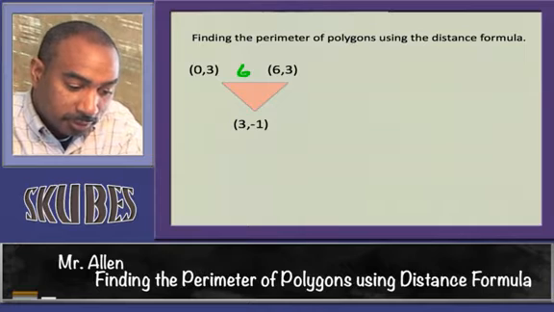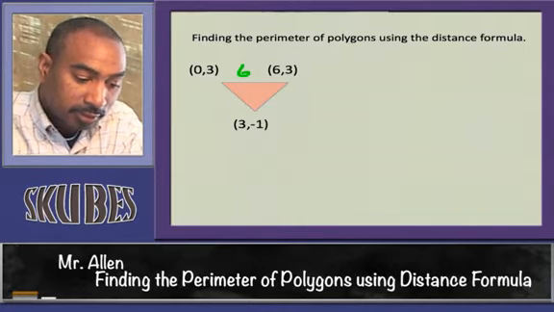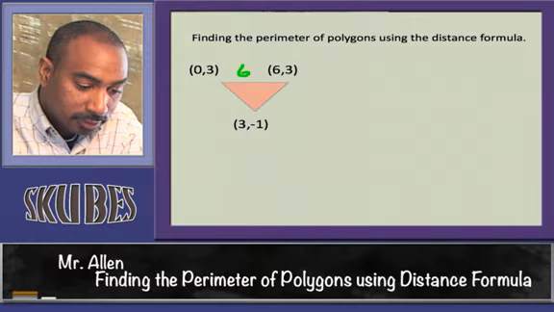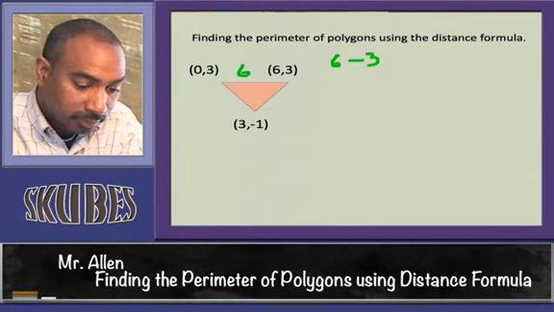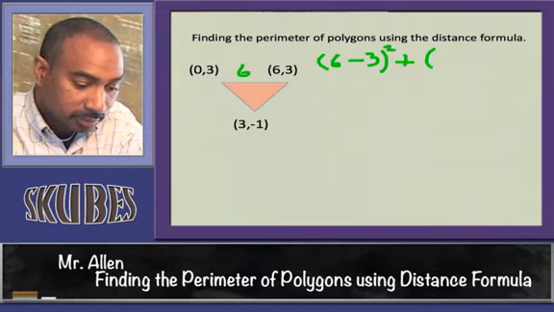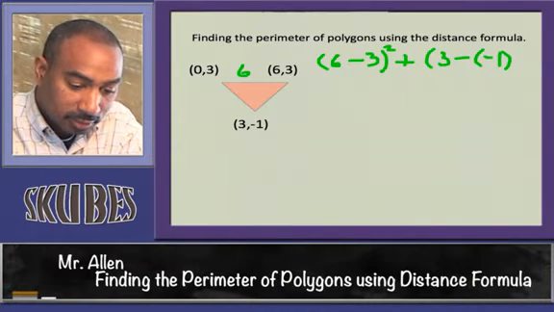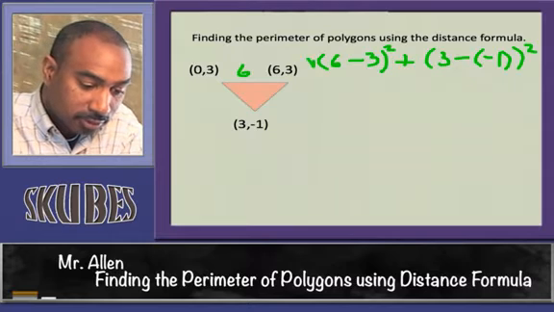Let's look at the distance between 6, 3 and 3, negative 1. So we're going to have 6 minus 3 squared plus 3 minus negative 1 squared, all over the square root.